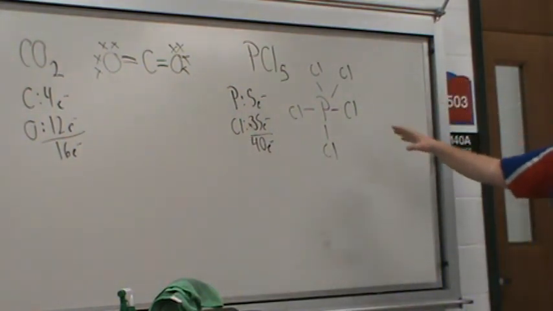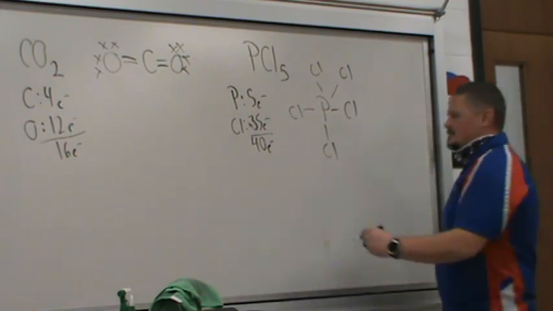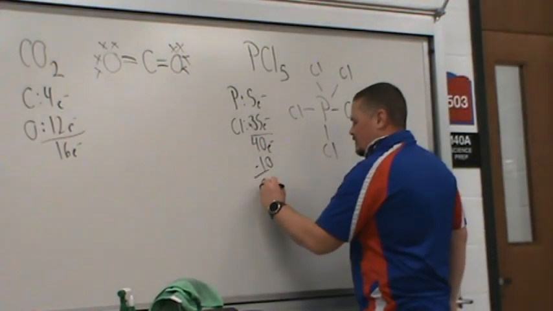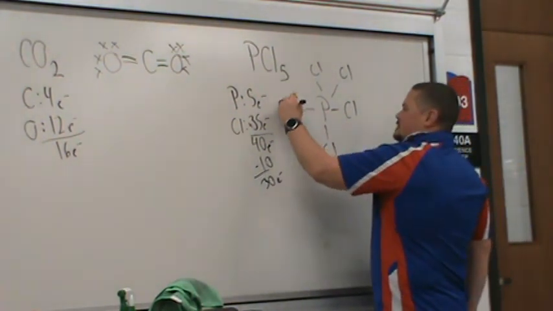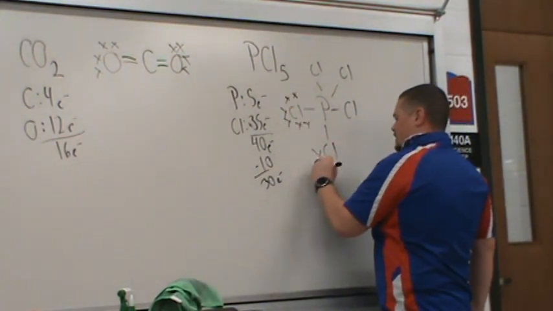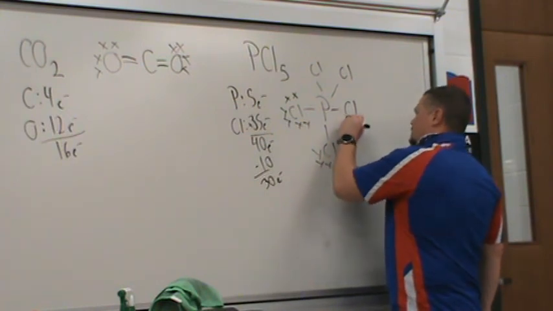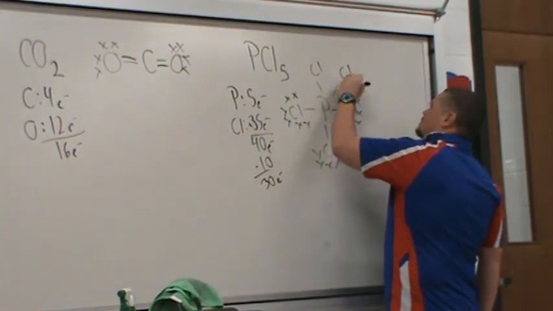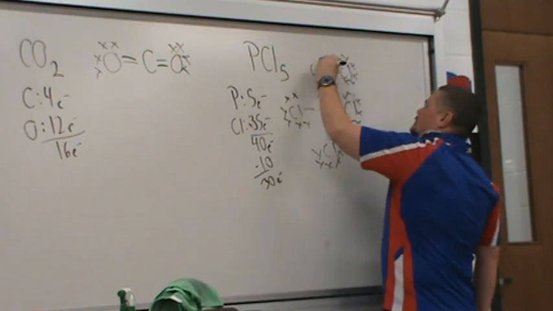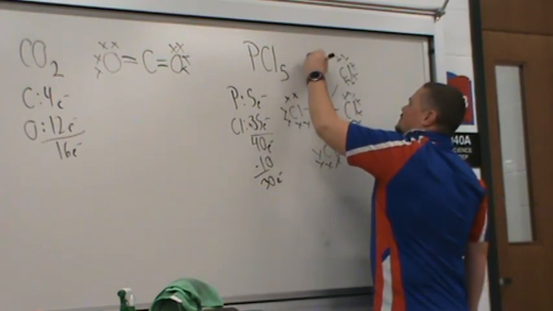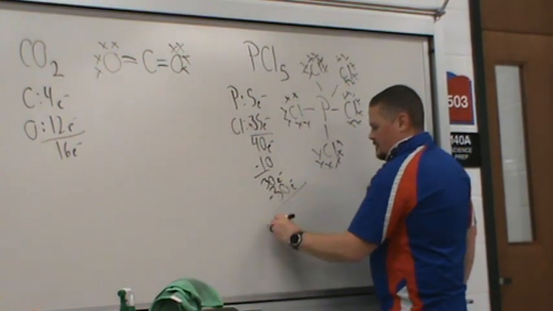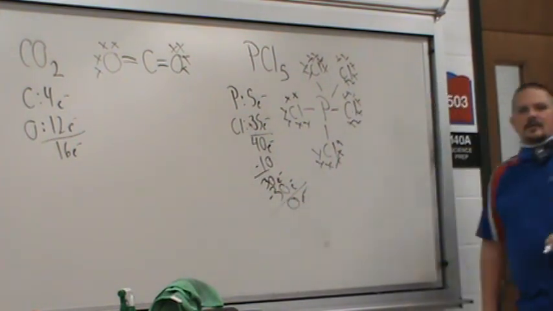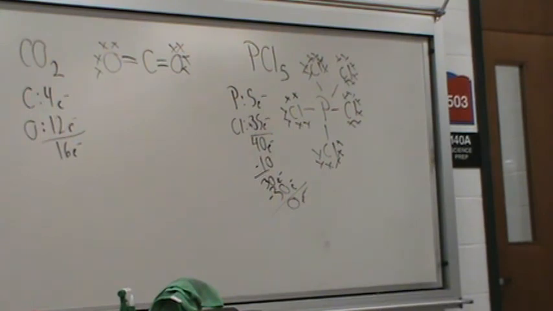How many electrons have we used up so far? 10, so we have 30 remaining, right? 1, 2, 3, 4, 5, 6, 7, 8, 9, 10, 11, 12, 13, 14, 15, 16, 17, 18, 19, 20, 21, 22, 23, 24, 25, 26, 27, 28, 29, 30. Now we're down to no more electrons remaining.